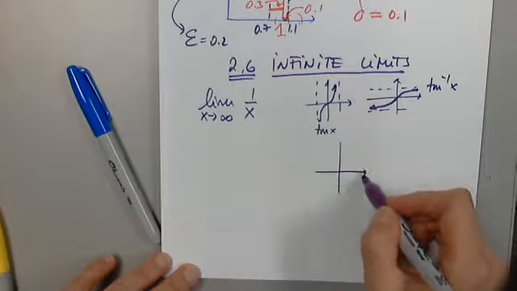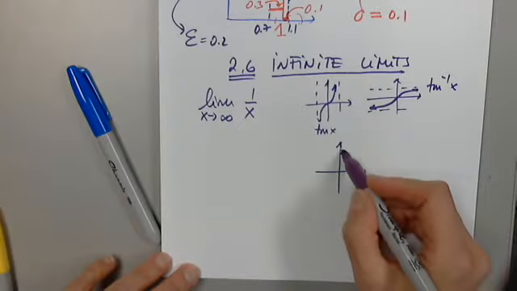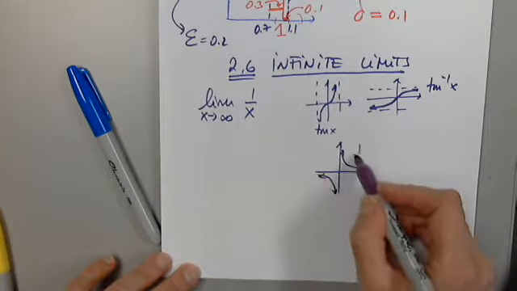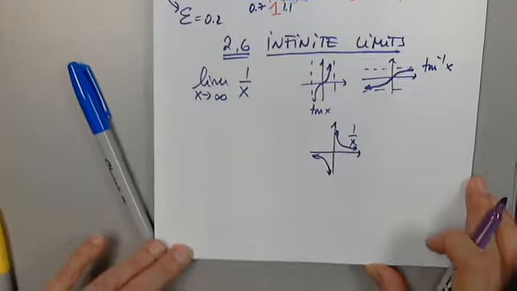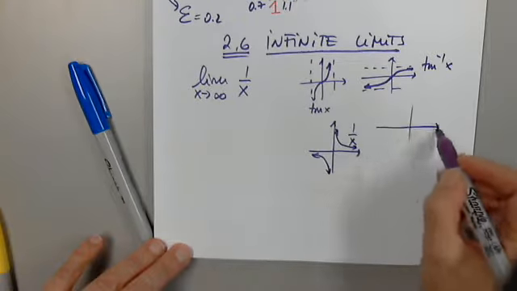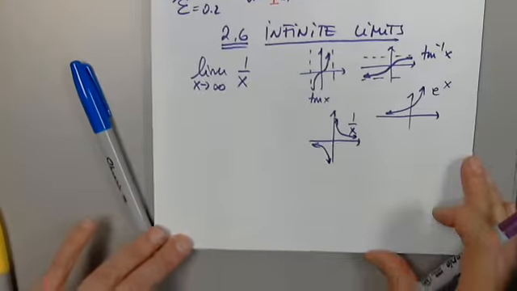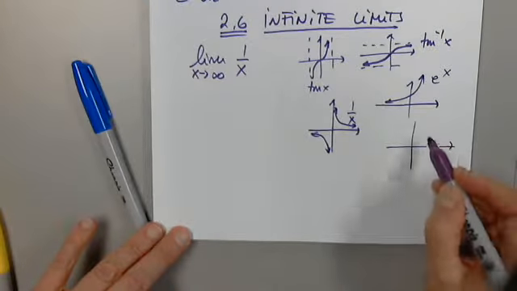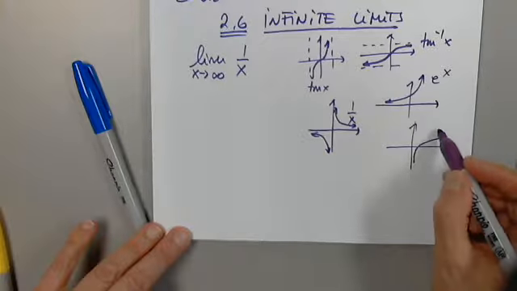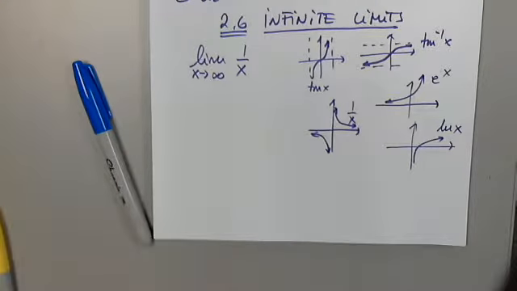I also insist on the graph of 1 over x. Very important. Also e to the x and natural log. We're going to add more, but for now, these 5.